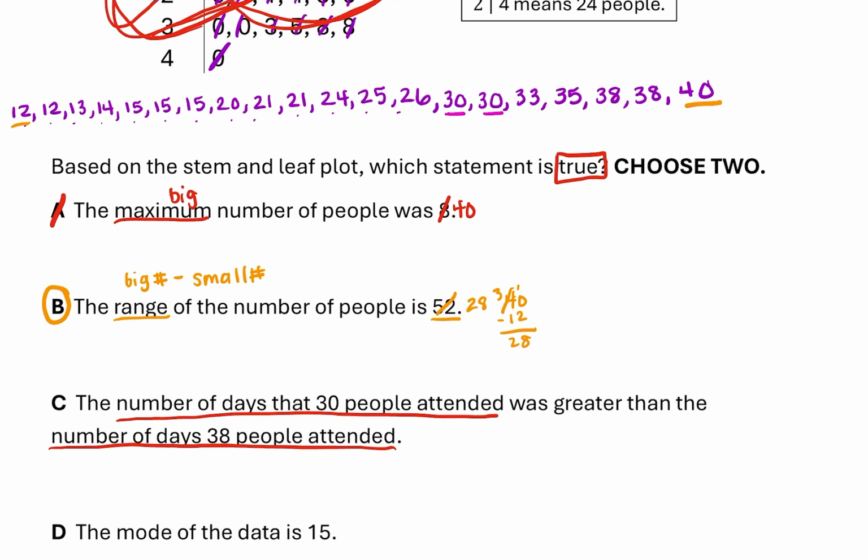There's 2. So the number of days 30 people attended, that's 2. And it says greater than 38 people attended. So how many 38s are there? Okay, there's also 2. So is 2 greater than 2? Definitely not. Those are the same. So C is not my answer.